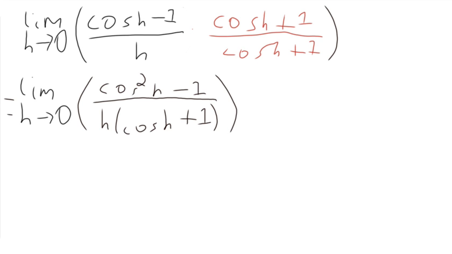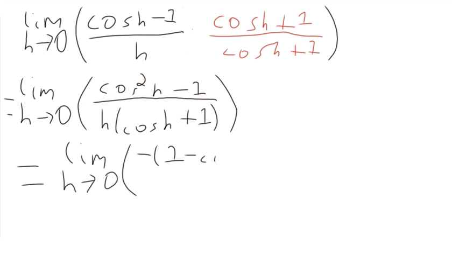Should put an equal sign here. Alright. I don't know what cosine squared h minus 1 is. I don't have a good identity for that. But I do know what 1 minus cosine squared h is. And 1 minus cosine squared h is just the opposite of sine squared h. So I can factor out a negative here. This will be the limit as h goes to 0 of the negative of 1 minus cosine squared h, and then this is still over h times the cosine of h plus 1.